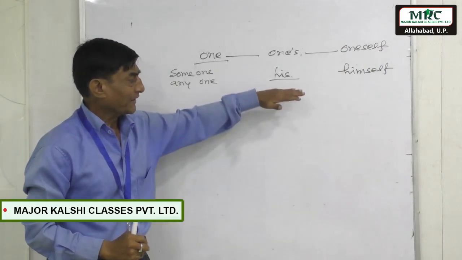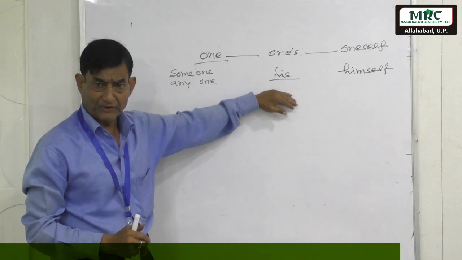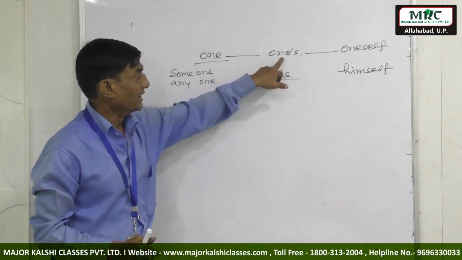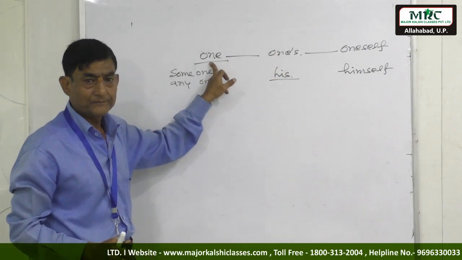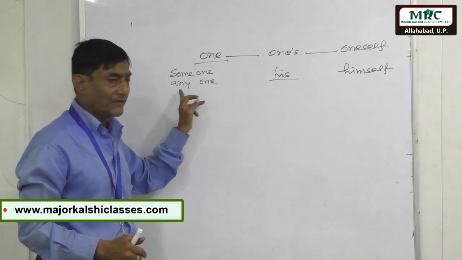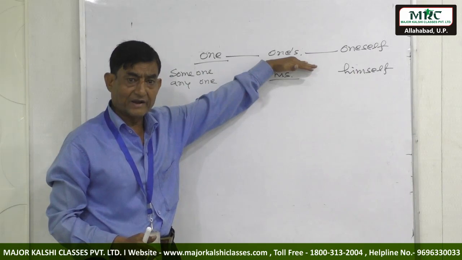In most of the cases, and generally in 90% papers, we find the mistake of this one given where his is used with one or one is used with someone, anyone, everyone, or no one. So this thing has to be taken care.